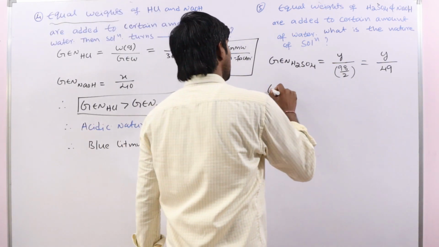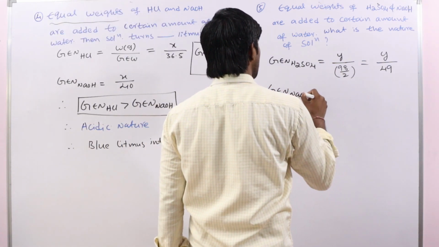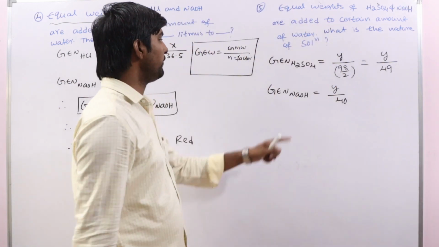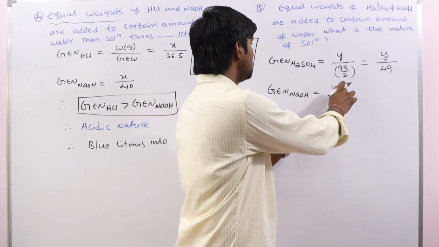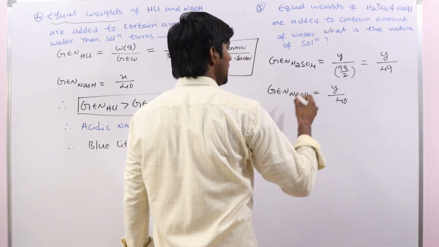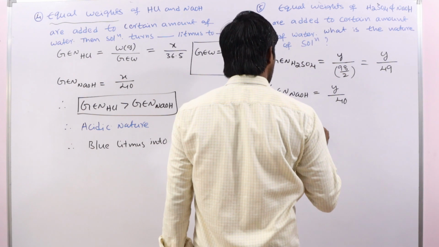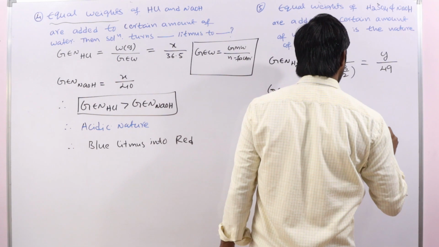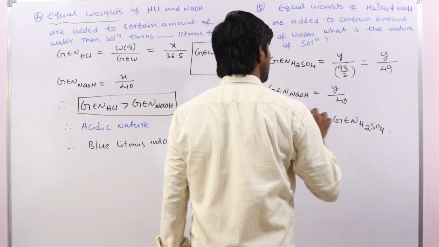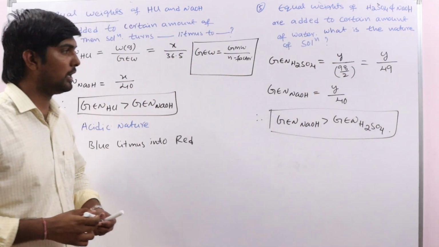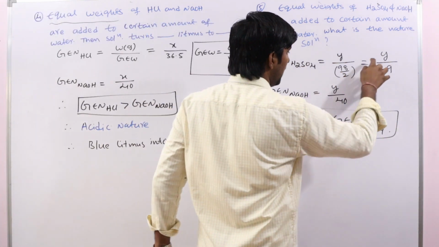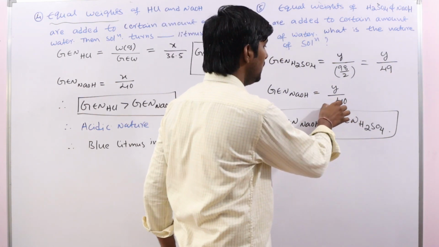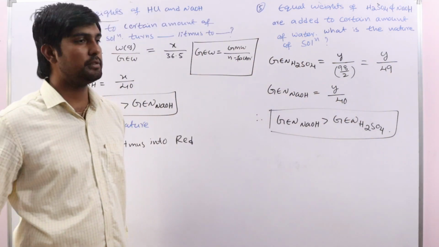The number of equivalents of NaOH is y by 40, since the weights are equal. Therefore the number of equivalents of base is greater than that of acid, because again the numerator is the same and the smaller denominator gives the greater value.